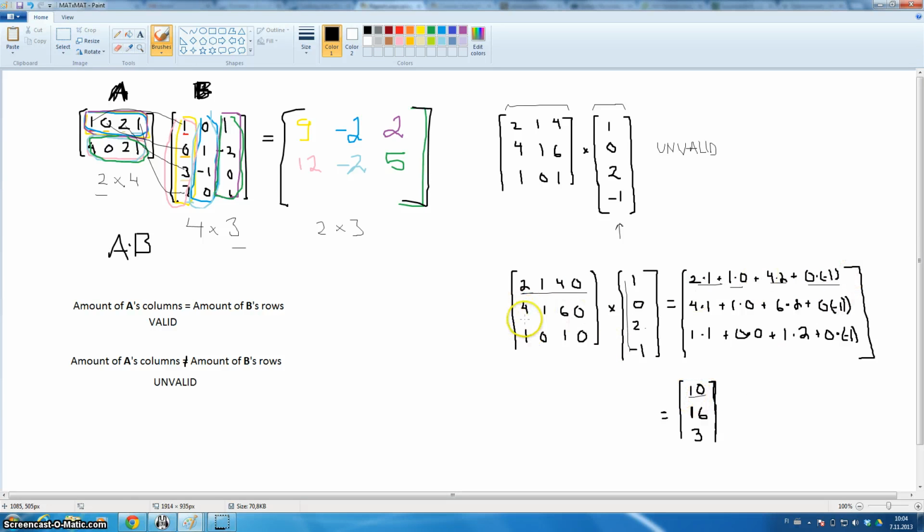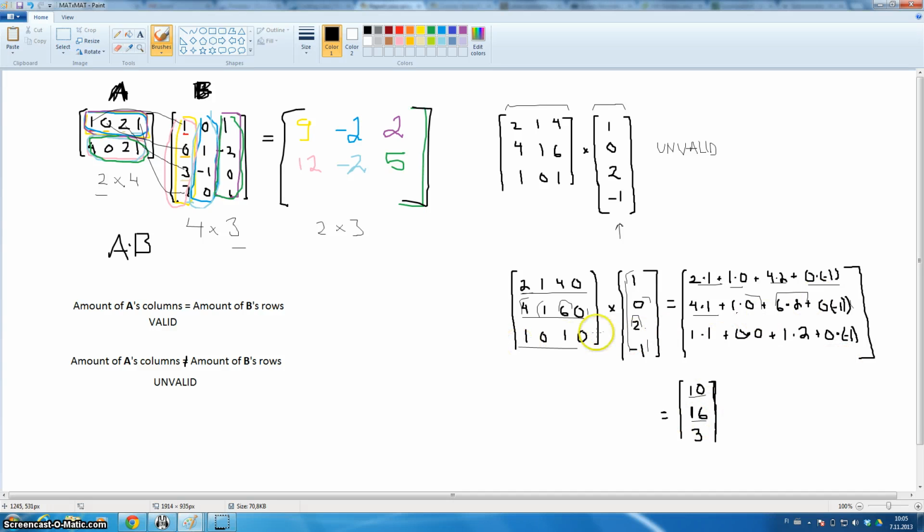Then with the second row and this column, 1 times 0 becomes this, and 6 times 2 becomes this, and the last one becomes this, and the result is 16.